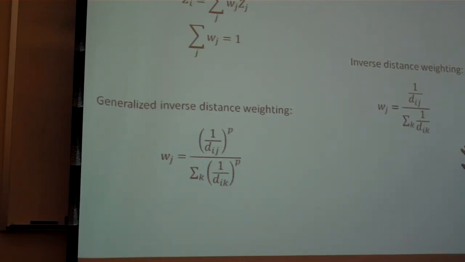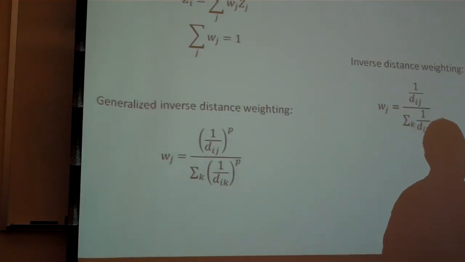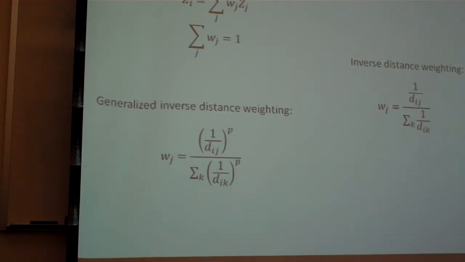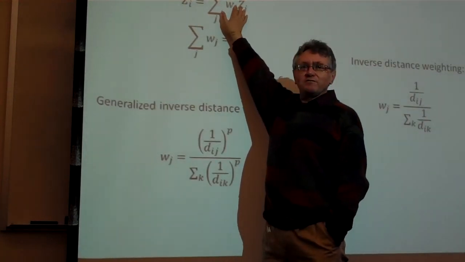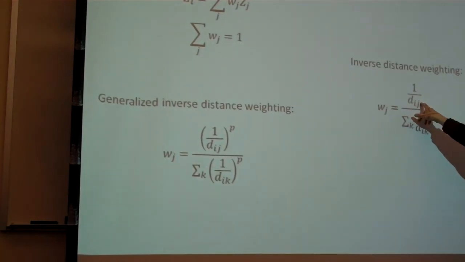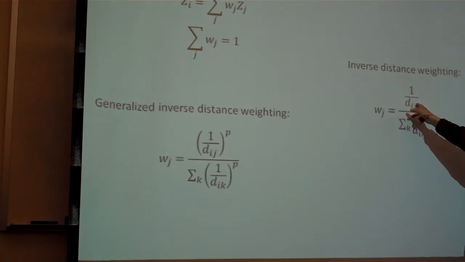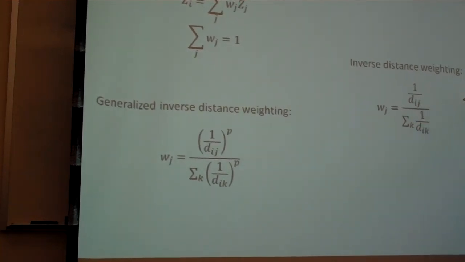One aspect of this inverse distance weighting scheme for interpolation is that if I'm actually asking about a point where I have a measurement, so if d_ij is 0, what do we do with 1 over 0?